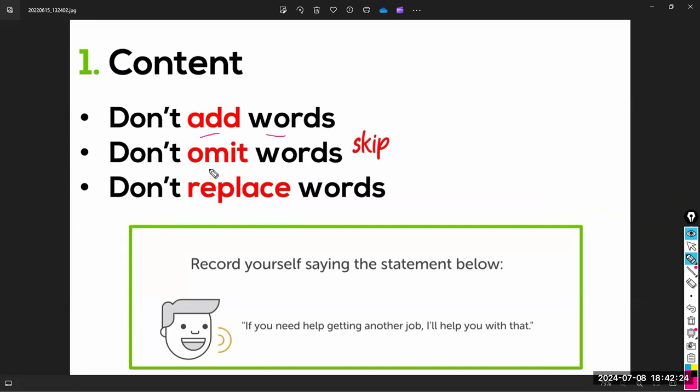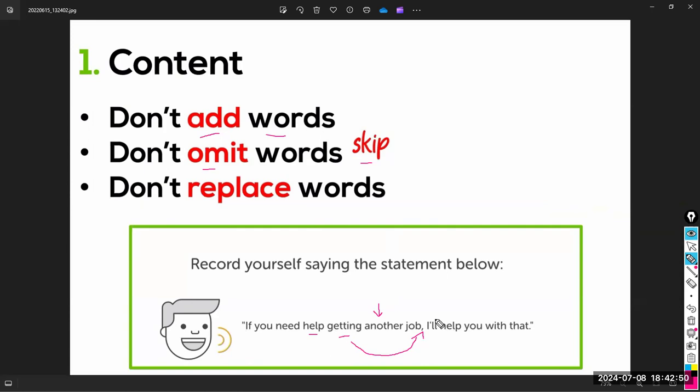And don't omit words or skip some words, because some students don't really know how to pronounce, for example, another. So they skip it, just read help, getting, then skip it to say only job, then they complete saying the sentence. Please don't do so, because the meaning of the statement or sentence will be missing.